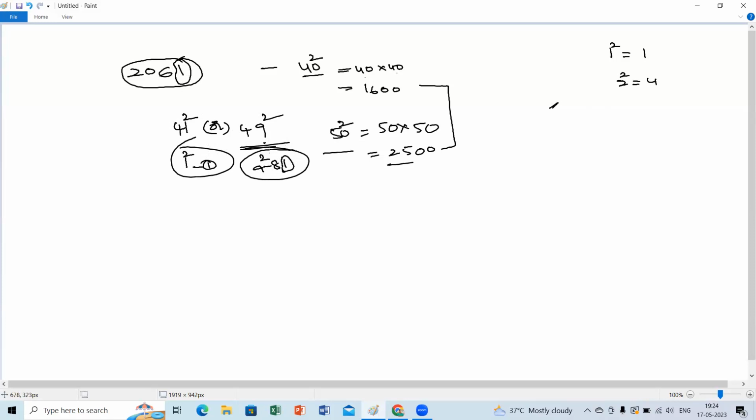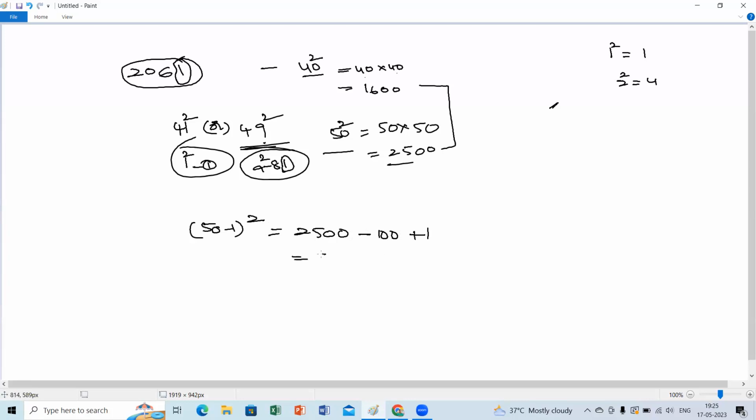Come to 49 square. What is the value of 49 square? How quickly can you assess 49 square? You can even use the identity, children. 50 minus 1 whole square: 50 square is 2500, minus 2ab, 2 into 50 into 1 is 100, plus 1.